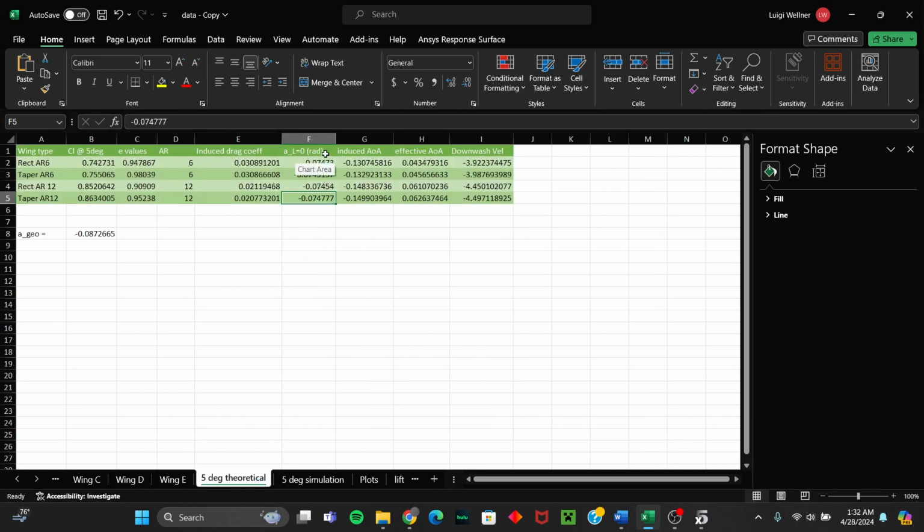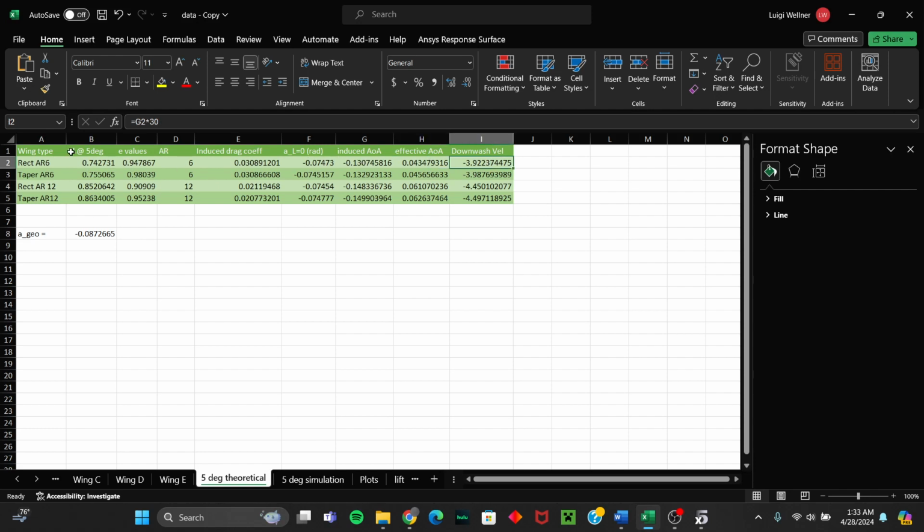And then for the induced angle, I basically took the lift coefficient. Oh no, sorry, not the lift coefficient. I basically took the geometric angle of attack minus the zero lift angle of attack minus the lift coefficient over 2 pi. And then for the effective angle, I subtracted the geometric angle by the induced angle.